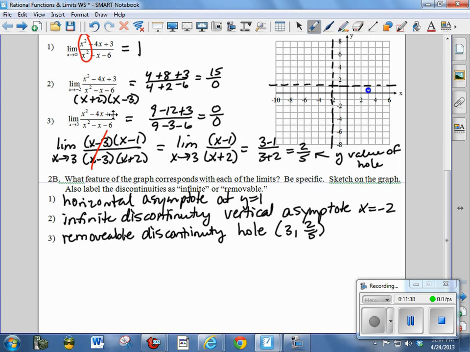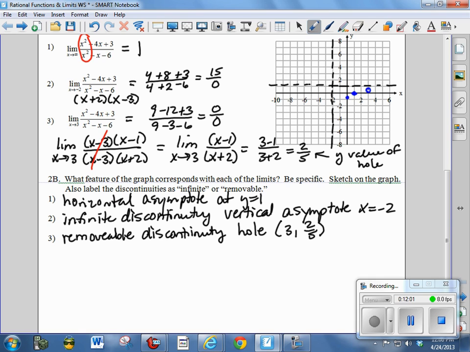So I have an x-intercept at 1, and I have a y-intercept. If I put 0 in every place there's an x, I get 3 over negative 6, or negative 1/2. So my y-intercept is negative 1/2, which is right here. So you can see that this part of the graph is going to go down like that.